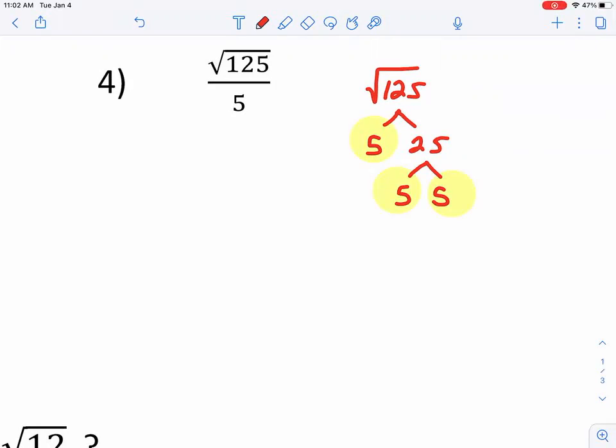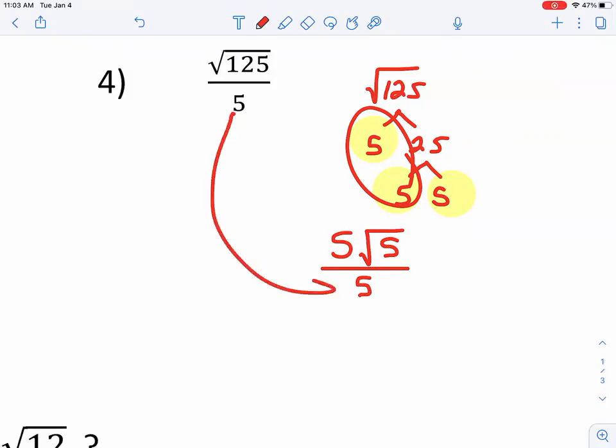And so for those pairs, I get 5 on the outside. And I have a square root of 5 left over. But remember, that's only the numerator. That's just the top. The bottom, don't forget, that's all divided by 5.